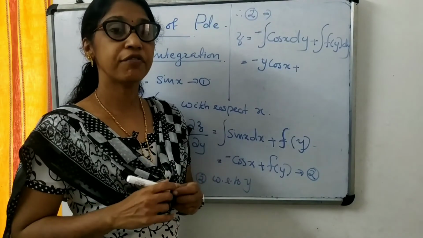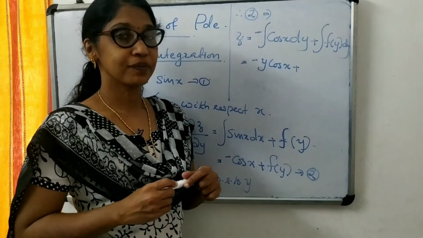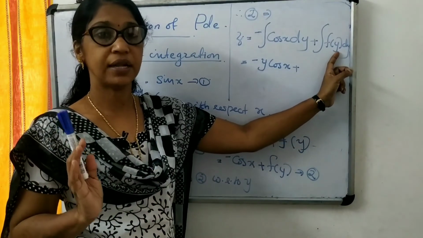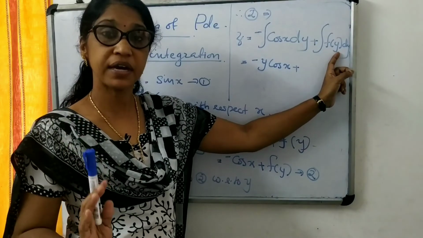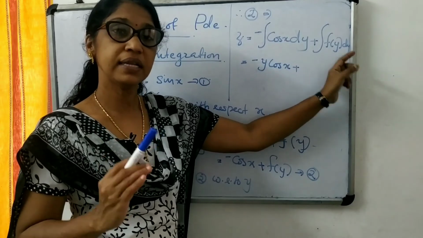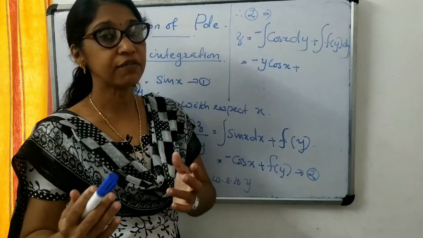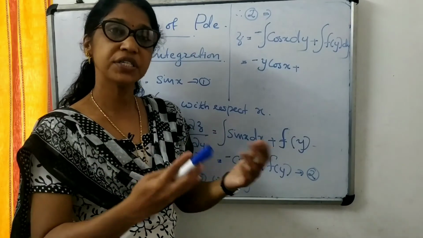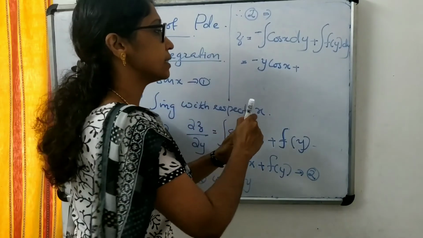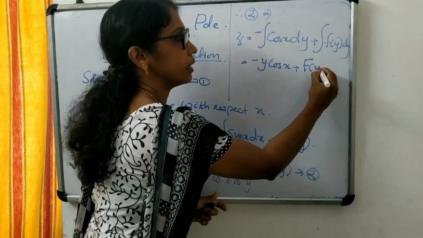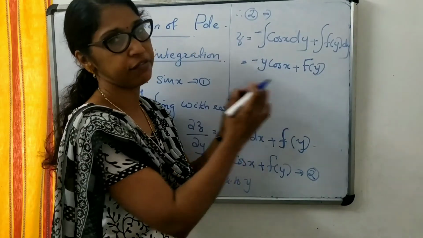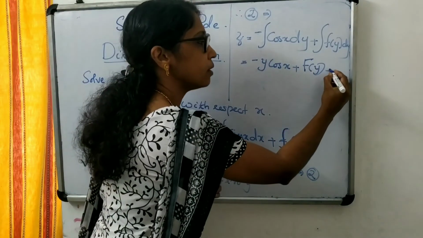Now, what is the integral of f of y with respect to y? This is a function in y. We don't know what this function is, that only we know. We have to integrate this function with respect to y, and we get another function in y. So I am writing integral f of y dy as capital F of y, whatever the function may be, plus a constant.